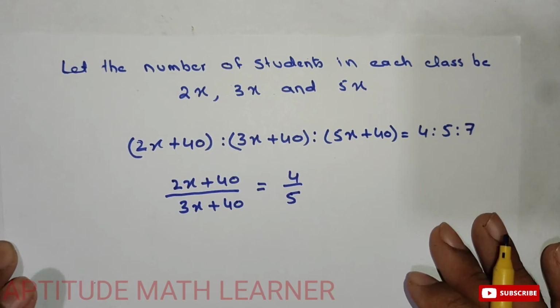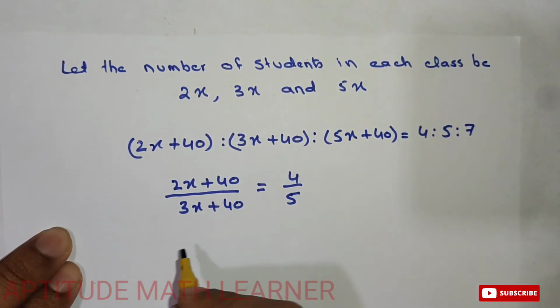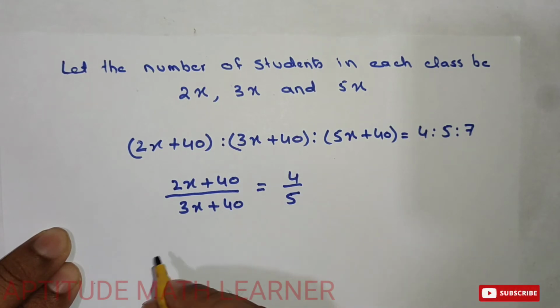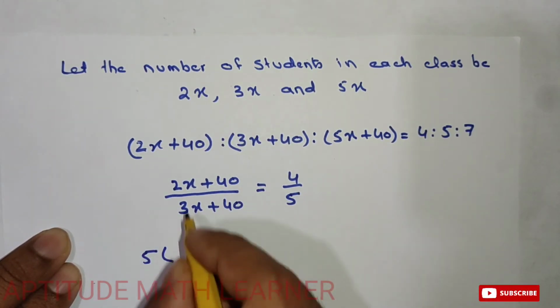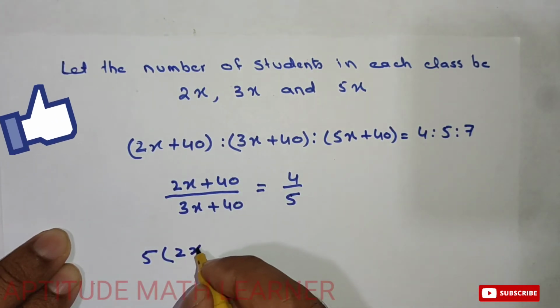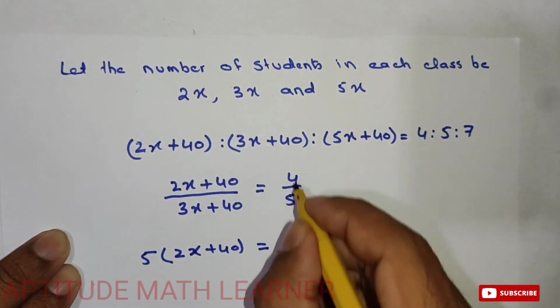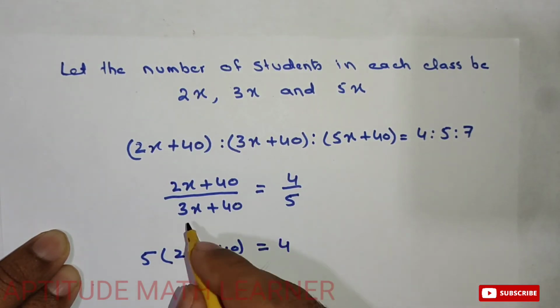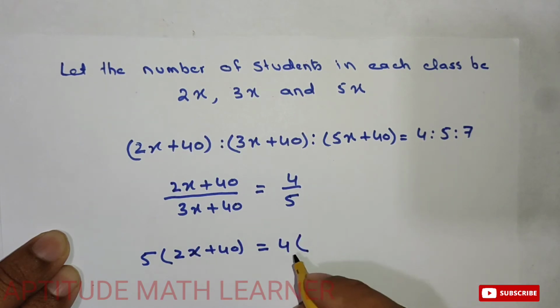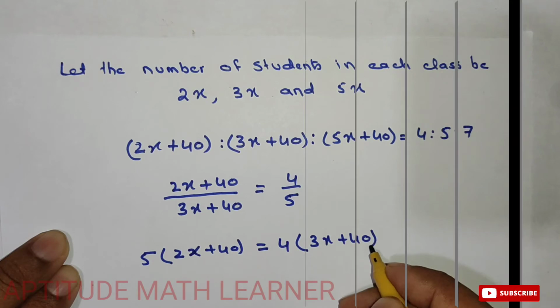Now cross multiplication. We cross multiply, so this becomes 5 times the above portion, 2x plus 40, is equal to 4 times 3x plus 40.